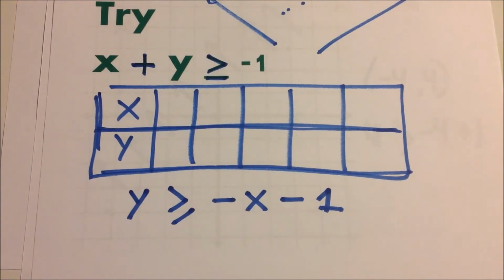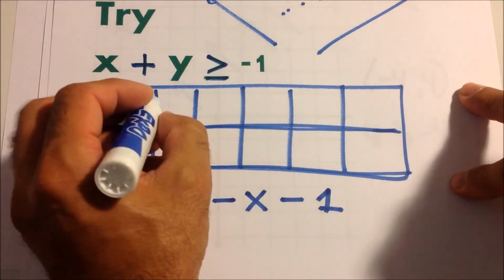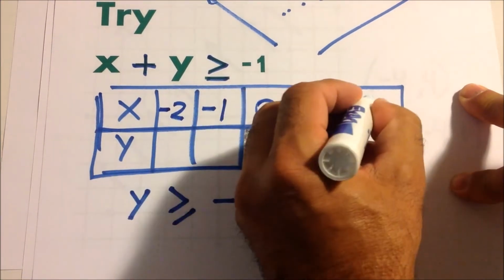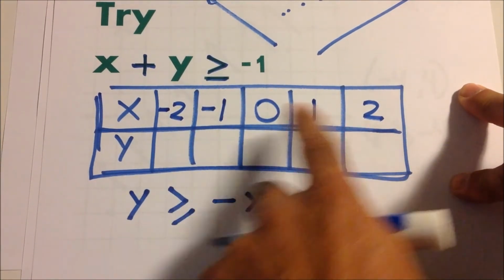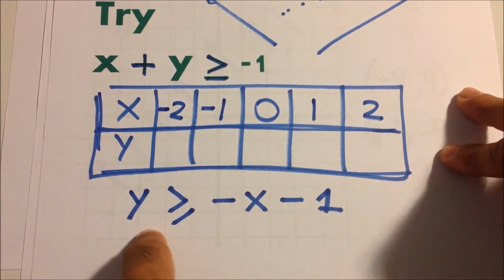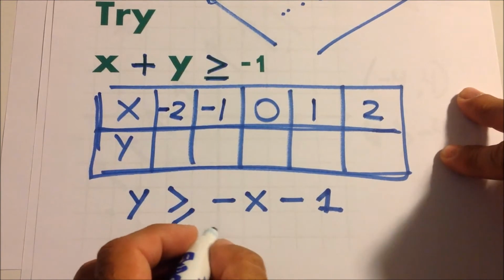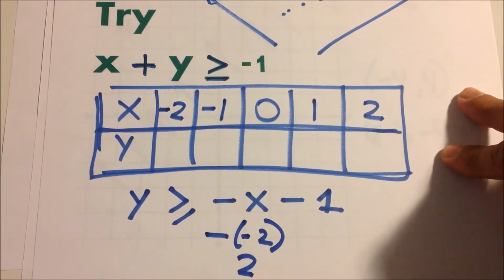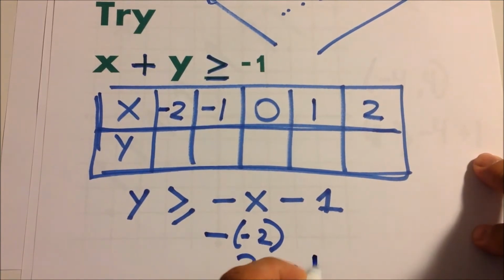So let's do a few of them here. Let's say x was negative 2. If x is negative 2, the negative of negative 2 is 2, since negative and negative is positive. What's 2 minus 1?